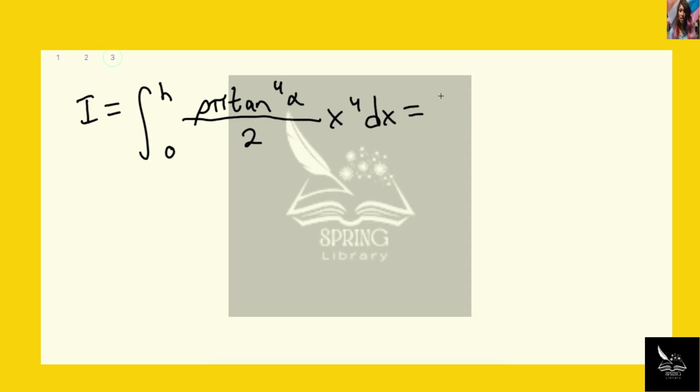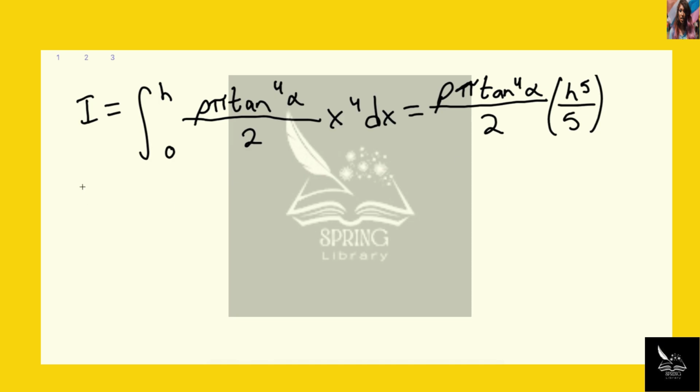So this is going to be rho pi tan to the fourth alpha divided by 2 times h to the fifth over 5.